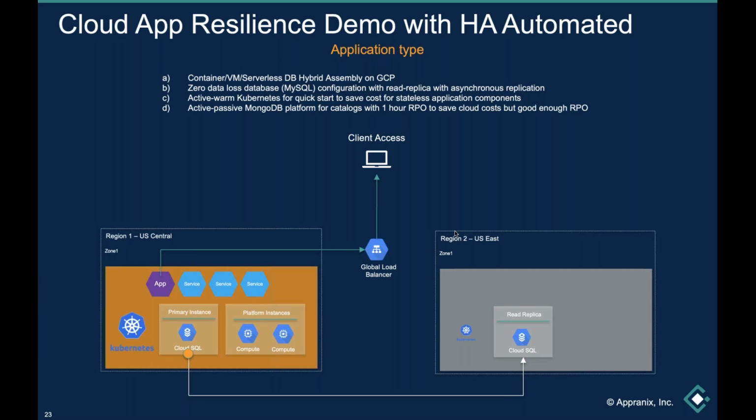And those application front-end components, we assume that they are stateless, because most of the time you deploy stateless components in the front end. Then you might have stateful platform components that might be running in an application environment. And the critical piece is that the database configuration should be having zero data loss. That's the key thing here.